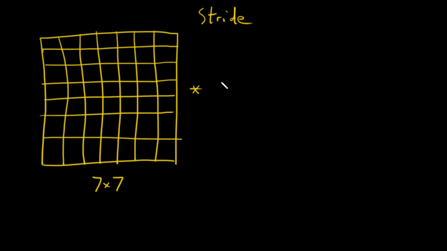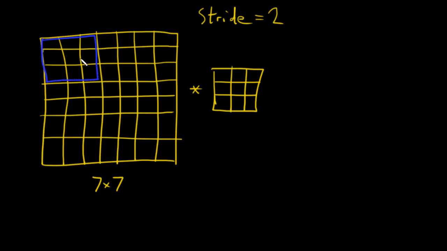So if I have a 3 by 3 filter and a 7 by 7 original image, if I have a stride of 2, the normal stride that is by default is called a stride 1, but if I set my stride to 2, what I'm going to wind up doing is, if I start with this set of pixels right here, my next set of pixels is going to be right here. I am leaping over one set.